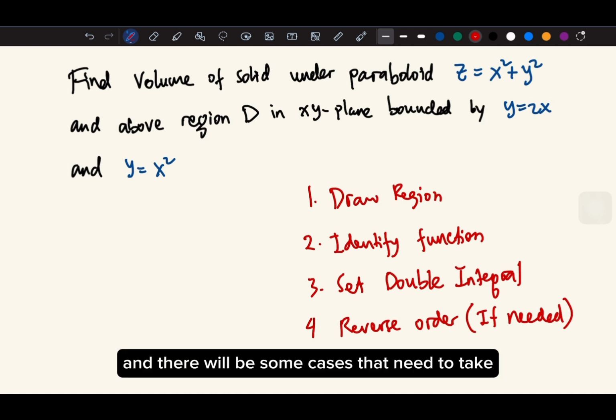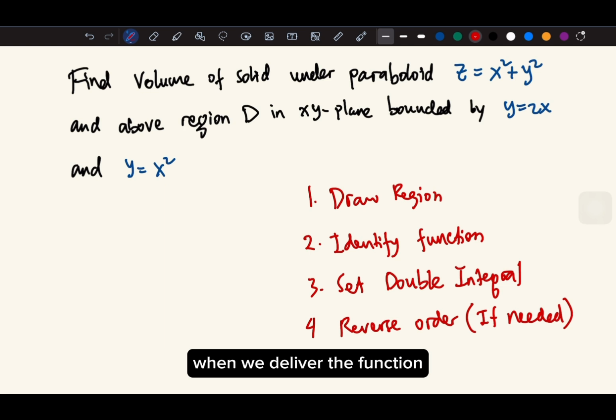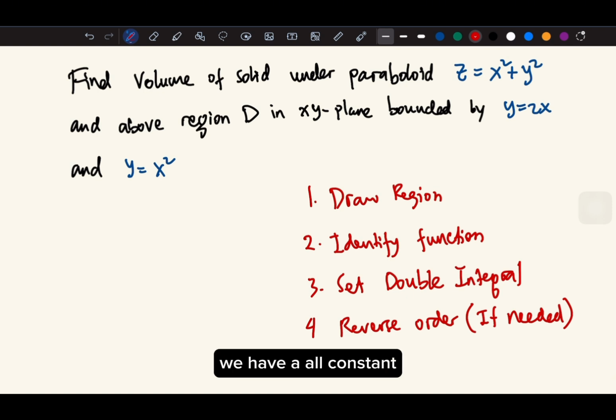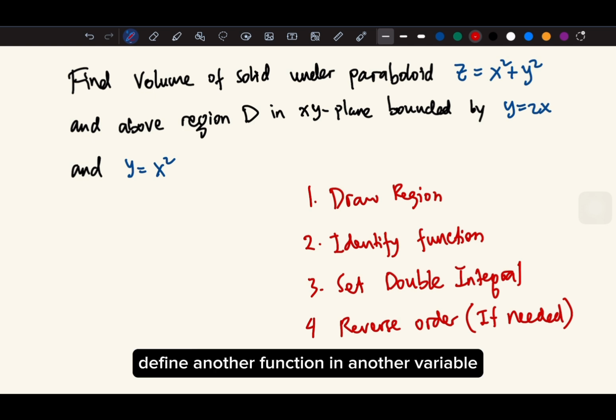And there will be some cases where you need to take care of the reverse order carefully when we deal with functions. It's not the same as when we did constants. If you remember, if we have all constants, we can reverse the order easily. But when we deal with functions, it means we are going to define another function in another variable.